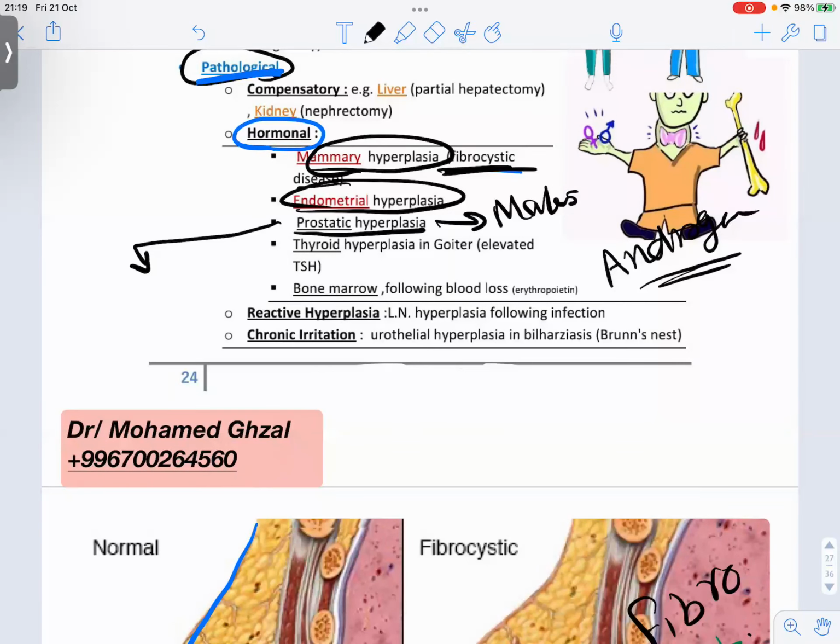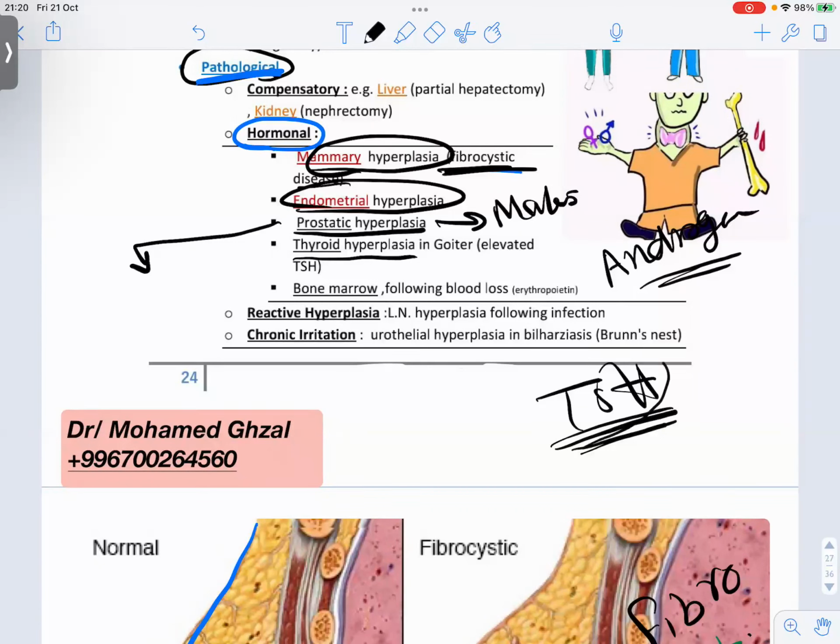Also, in thyroid hyperplasia, we will study some disease called goiter. Goiter means that the pituitary gland increases TSH so much, a lot of TSH. And when we study the endocrine system, we will know that TSH increases the size of the thyroid gland and the number of thyroid cells, and increases the blood supply to the thyroid gland.